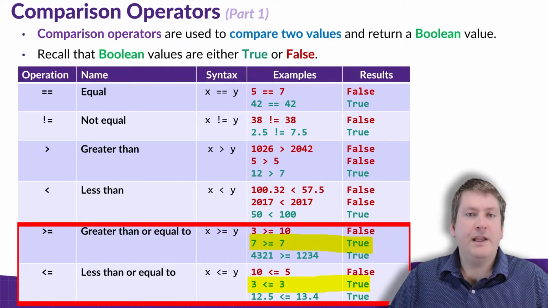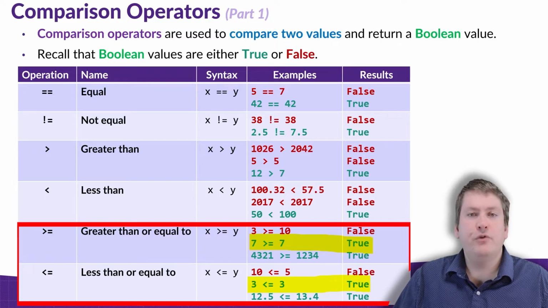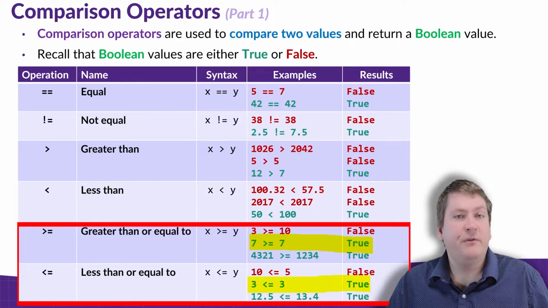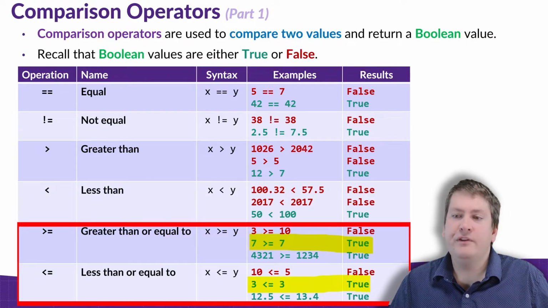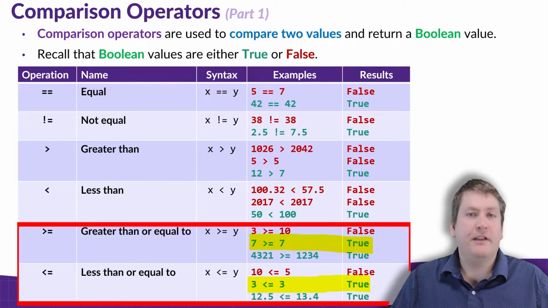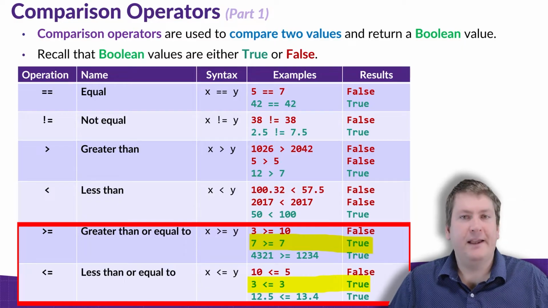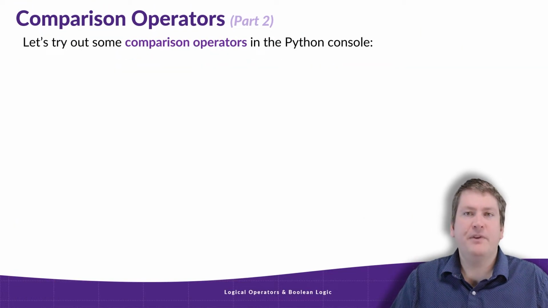And we also have 3 less than or equal to 3, which is true because we included that equal sign. So keep in mind if you want to be inclusive or exclusive. For inclusive, we want the greater than or equals to or less than or equals to. And if we're exclusive, meaning it doesn't include the same value, then we want greater than or less than. We'll see some examples of that. Let's now try experimenting a bit with these operators in the Python console.